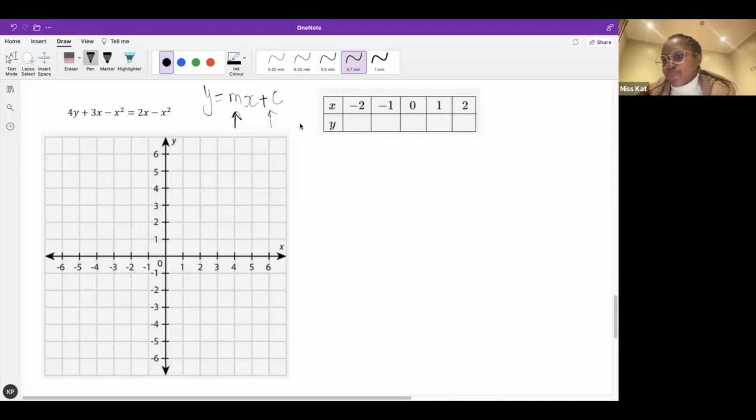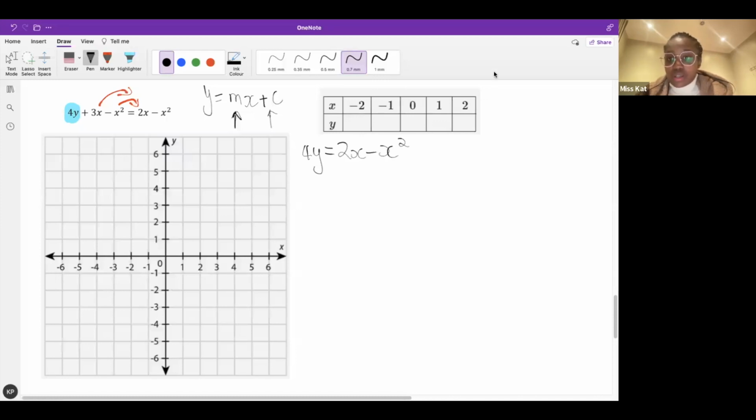Ma'am, do you maybe add the like terms, something like that? You are going to add like terms, yes. So we want this 4y to be on its own, okay? So your first thing is going to be to move this 3x over and this negative x squared over. So then we're going to have 4y equals, there was already a 2x minus x squared, you agree?